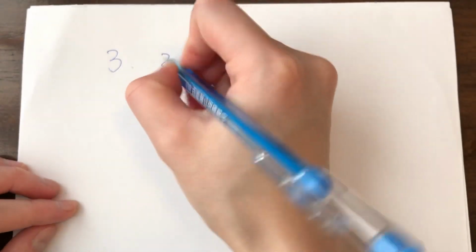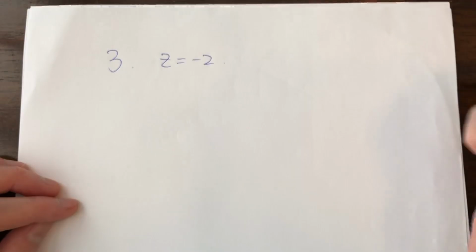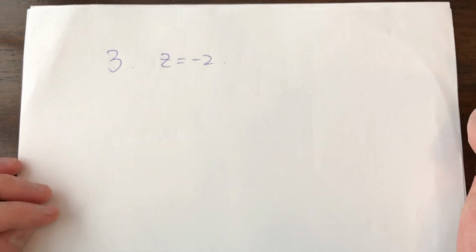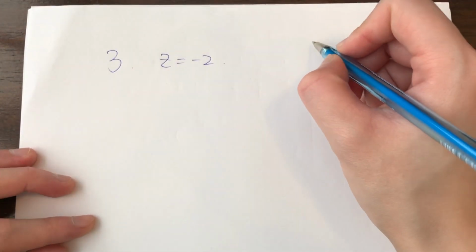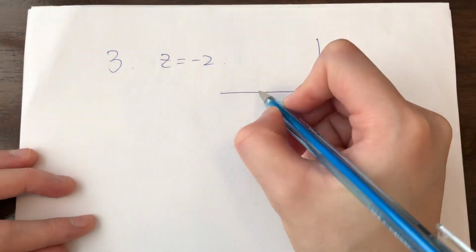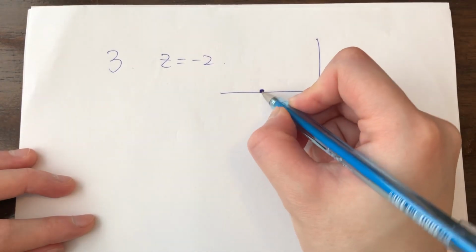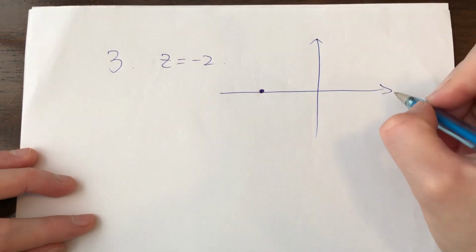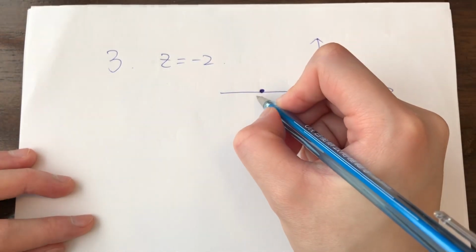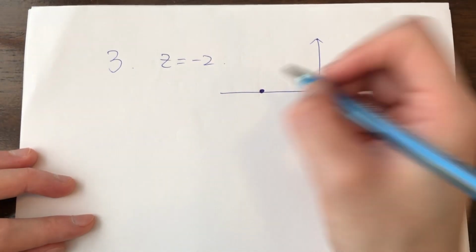Let's do more examples. How about z equals -2? Again, you just find the point -2, which is here. If you think of real part, imaginary part, it's the point -2, 0.